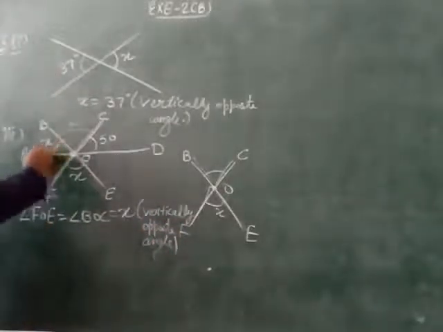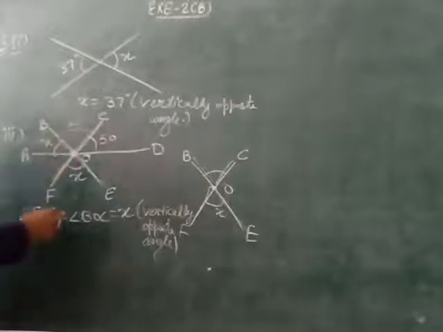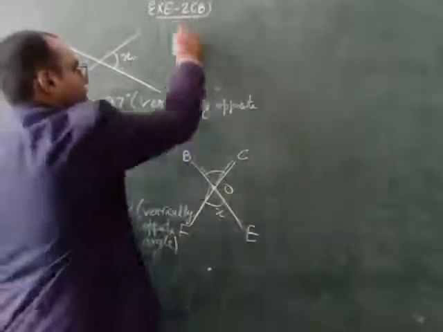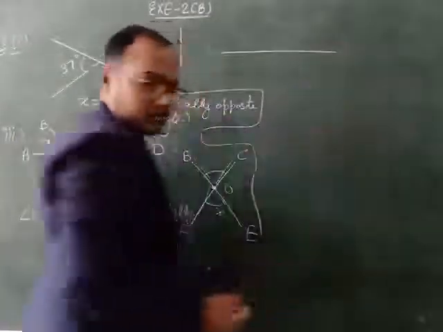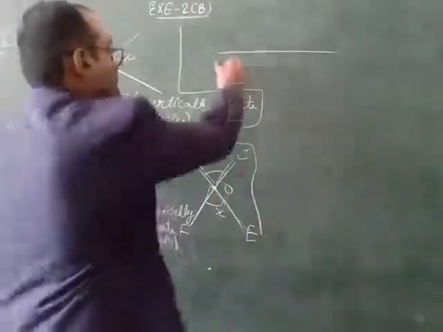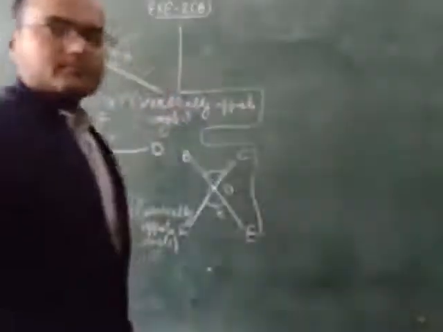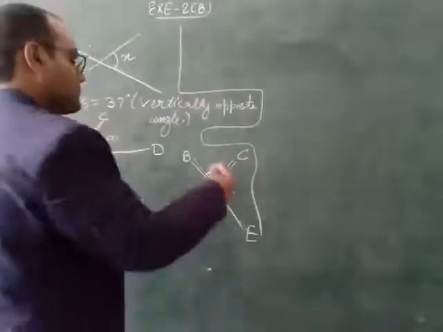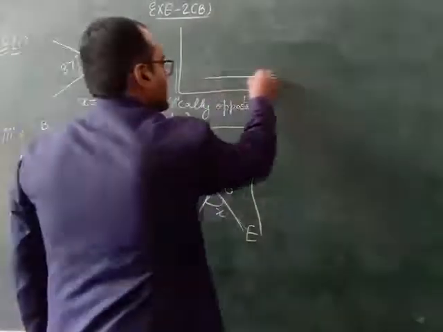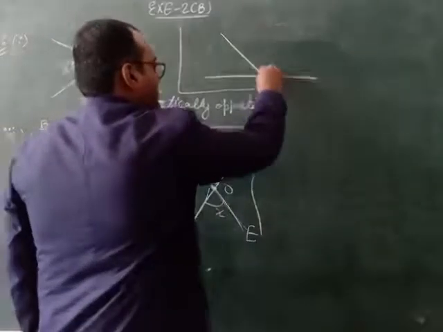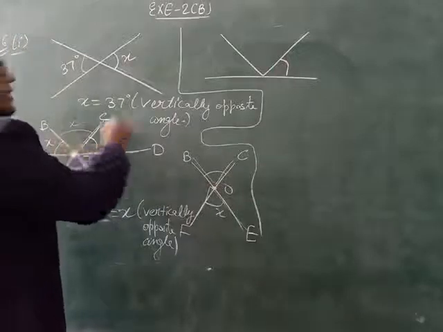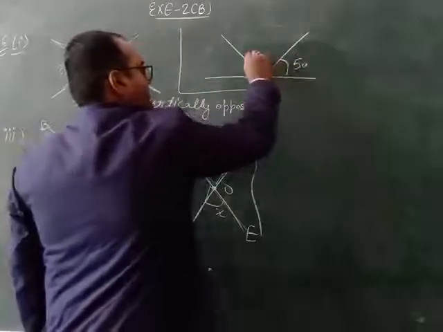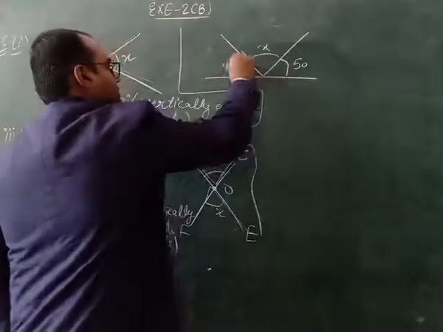Now we will take this upper side figure. So I am making the figure here. This is the line. Here it is given 50 degree and the remaining two are x, x.